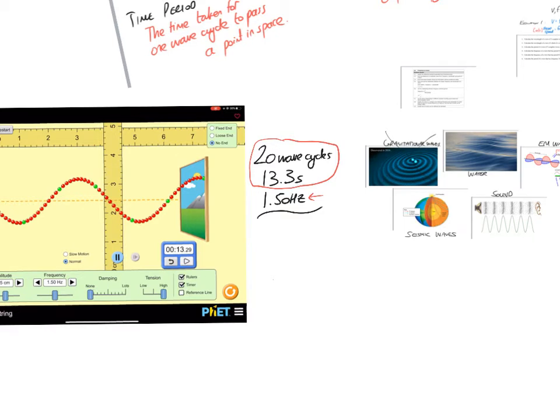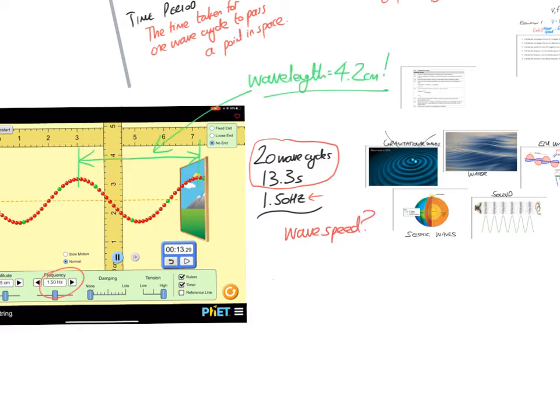So we've set it on the applet to 1.5 Hz. Did what we measured, 20 wave cycles covering 13.3 seconds, confirm that? In addition, it would be good if you could calculate the wave speed using this information. Okay, so I'll let you pause the video now to have a go.